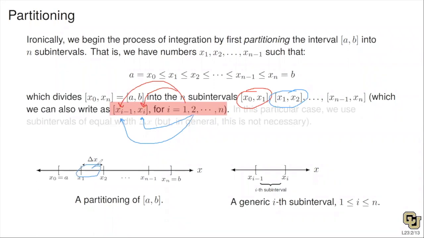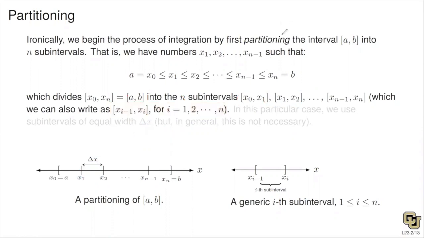So writing this in a more generic form, it's a little easier to remember what a particular subinterval might look like. So here's the generic ith subinterval, whereby plugging in values of i, you can figure out exactly what the ith subinterval looks like. And this generic ith subinterval also allows us to identify the endpoints.